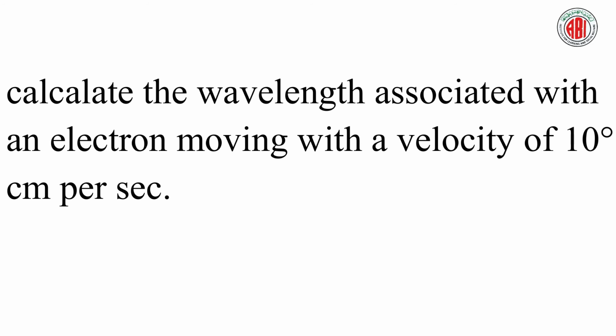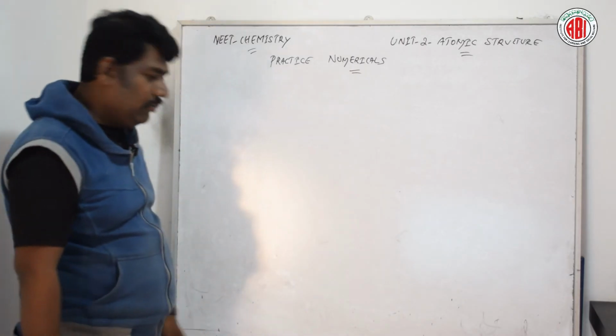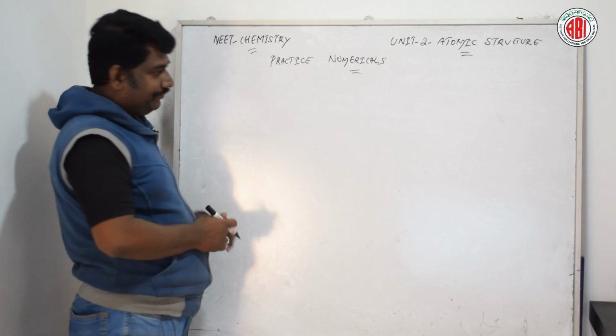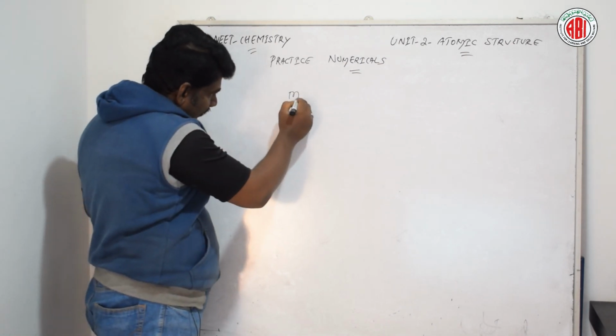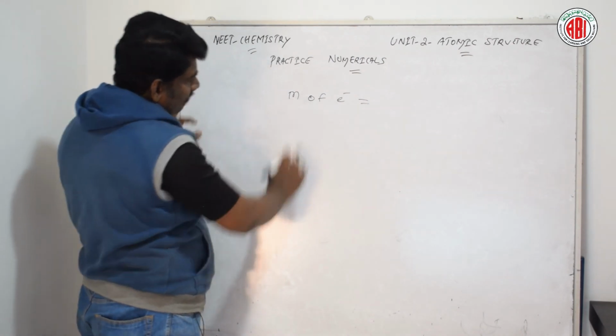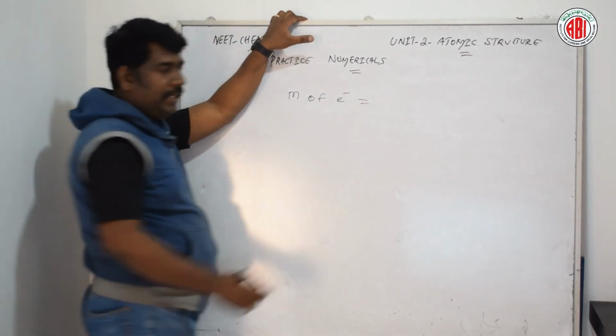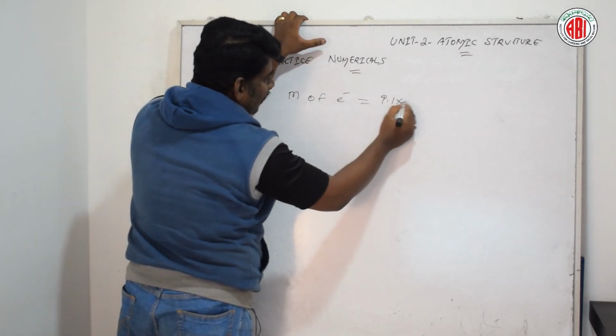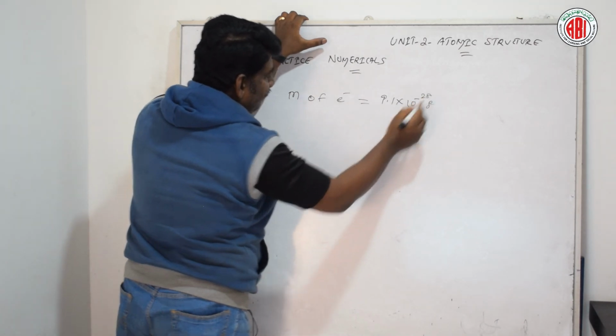Now look at this next question, guys. Calculate the wavelength associated with an electron moving with a velocity of 10 to the power of 10 centimeter per second. Let us see how to solve this problem. According to this question, the mass of the electron is 9.1 into 10 to the power of minus 28 gram.